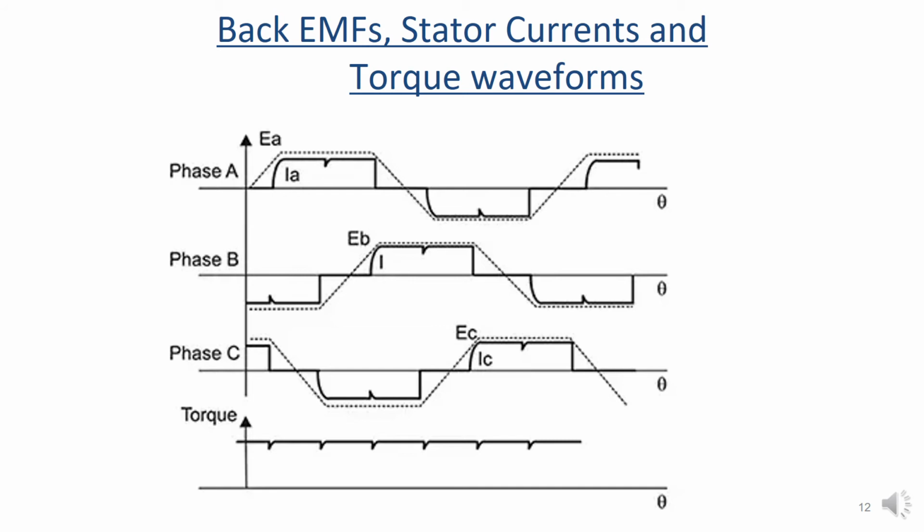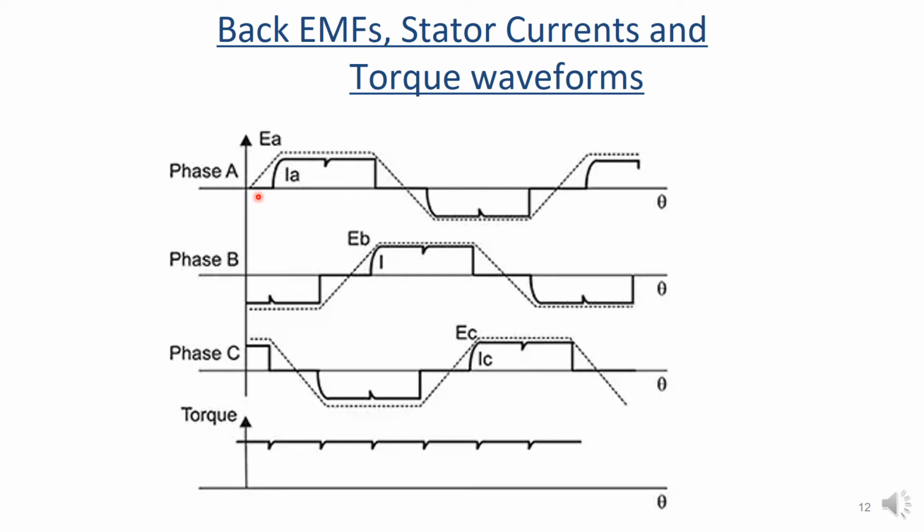The figure shows the back EMF, stator current and torque waveforms. For phase A, this is the stator current waveform, and we can see it is of quasi-rectangular shape.